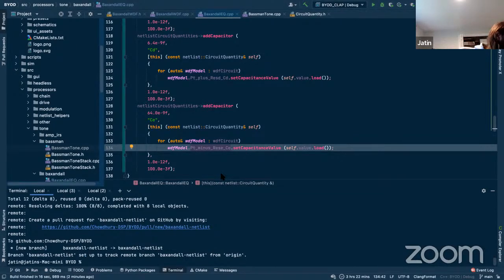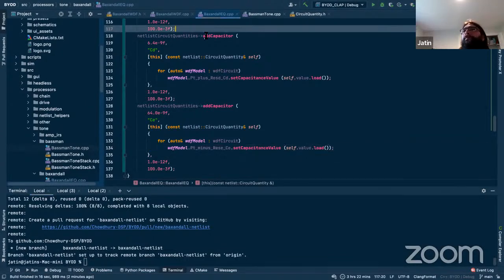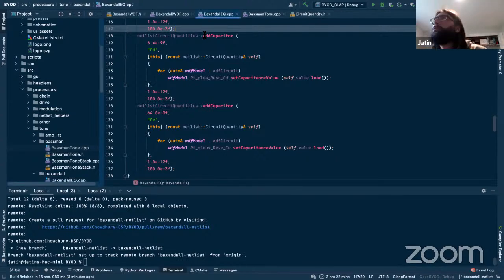Let's get some water. So if we were to do another netlist view, what circuit would we do it for?